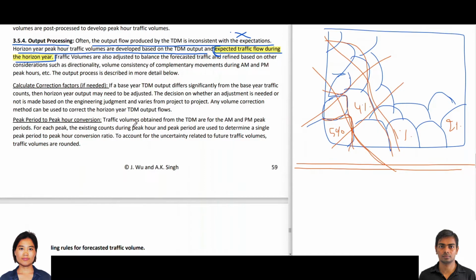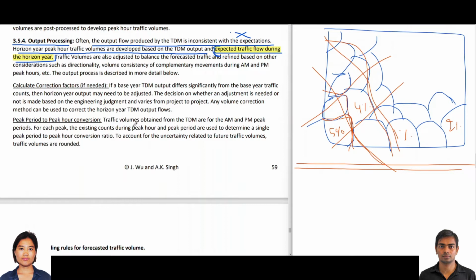So if some of the volumes are pretty high, then I know intuitively that, okay, I was not expecting this high volume, I was expecting this volume. So the first step of travel demand modeling, I would say, for engineers would be to have an expectation of what the future volumes are gonna look like.